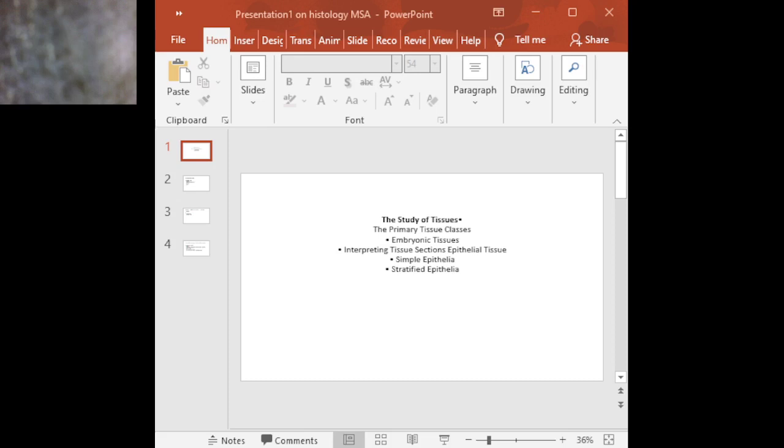What about simple cuboidal? The cells making the tissue up are cube shaped. They are square.